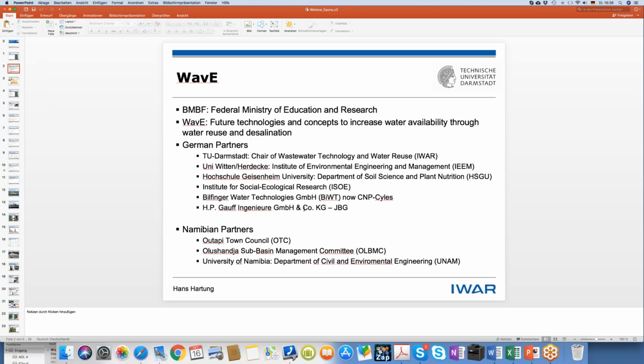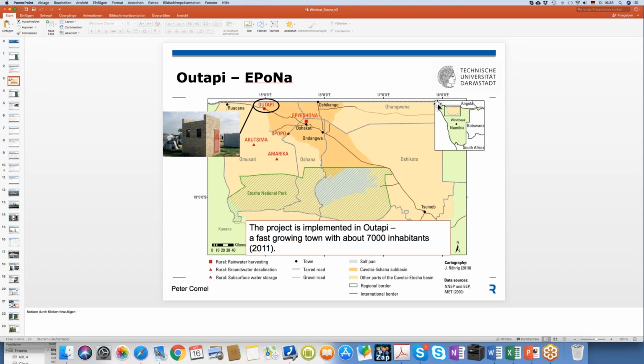And in Namibia, we have the Otapi Town Council, the Sub-Basin Management Committee, and the University of Namibia. I show you shortly where we are located. This is Namibia on the southwest of the African continent, and we are quite up in the north, near the border to Angola. Otapi is a fast-growing town, 7,000 inhabitants.